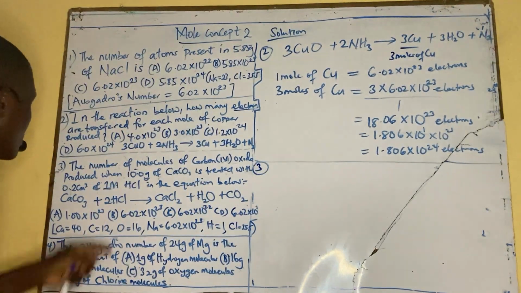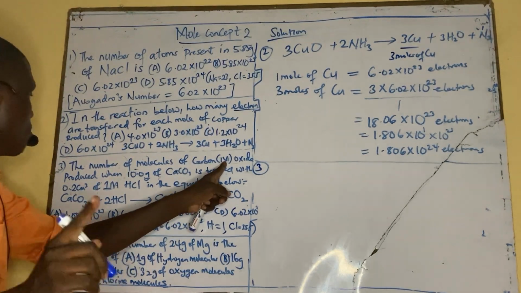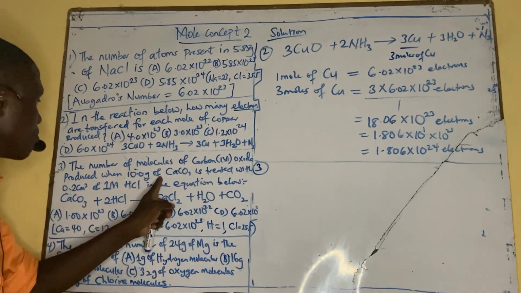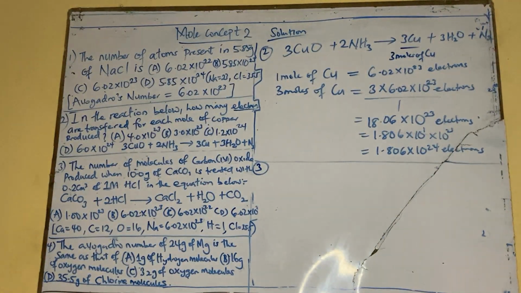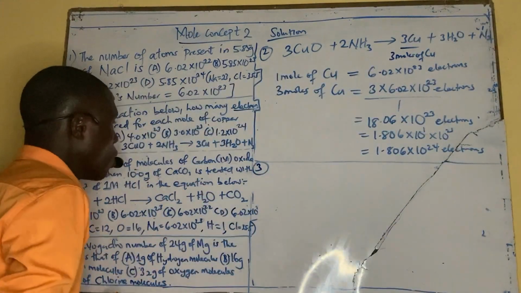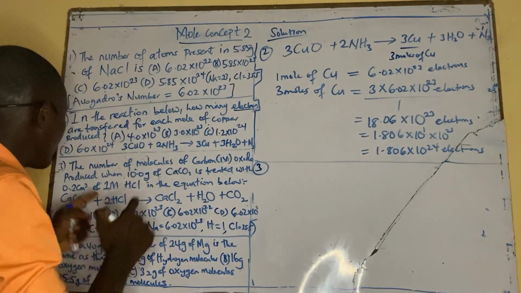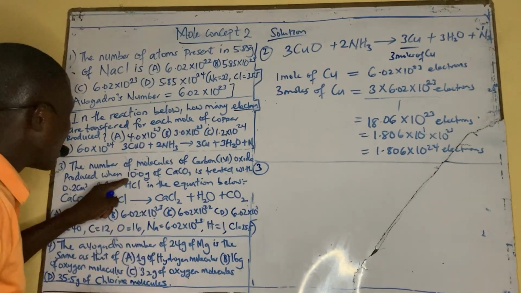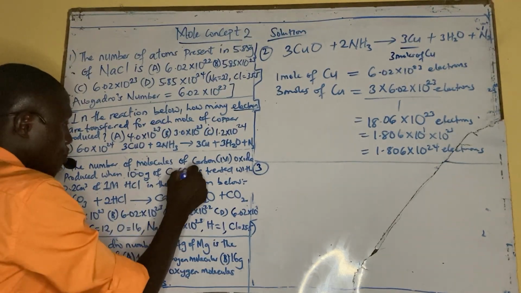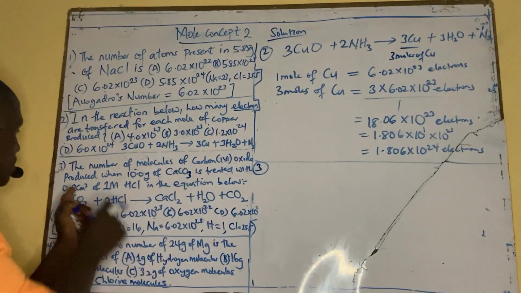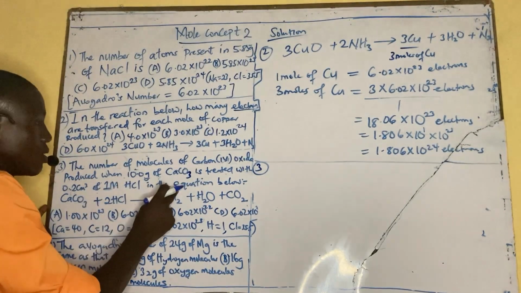And question number 3 says that the number of molecules of carbon 4 oxide produced when 10.0 gram of calcium trioxocarbonate 4 is treated with 1 molar of HCl in the equation below.